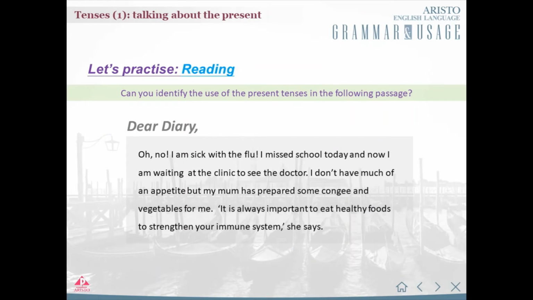Now let's practice reading. Can you identify the different uses of the present tenses in the following passage?